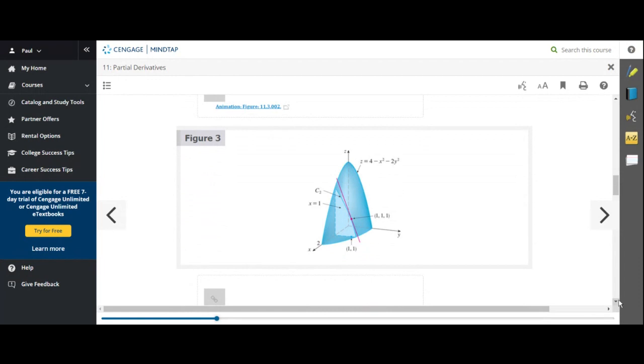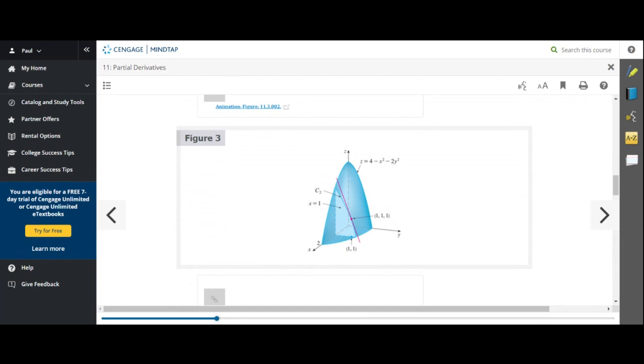Here's our paraboloid again, and we have a tangent line at the point (1, 1, 1). But that tangent line is parallel to what axis? Good, parallel to the y-axis. All right, what was the partial derivative of the function with respect to y at (1, 1)? Good, -4.